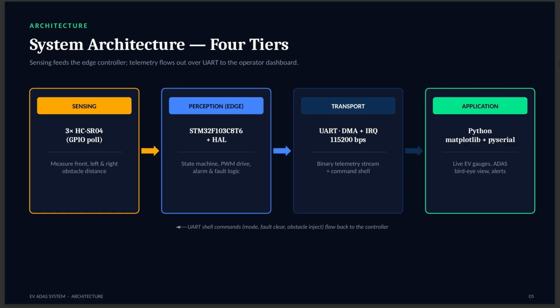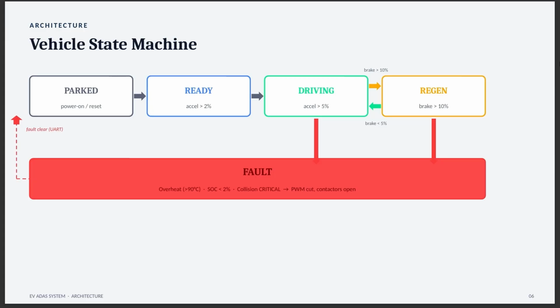In transport, the baud rate we have used is 115,200 bits per second. For sensing, we have used 3 ultrasonic sensors, one for front, one for left, one for right, and the model number is HC-SR04.